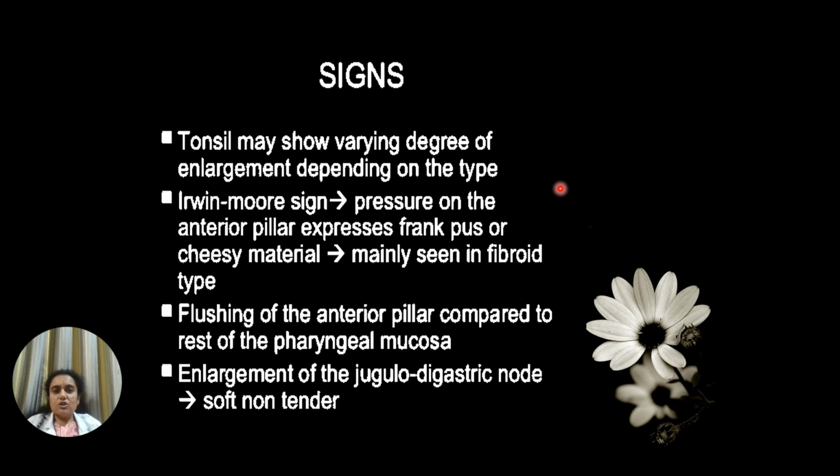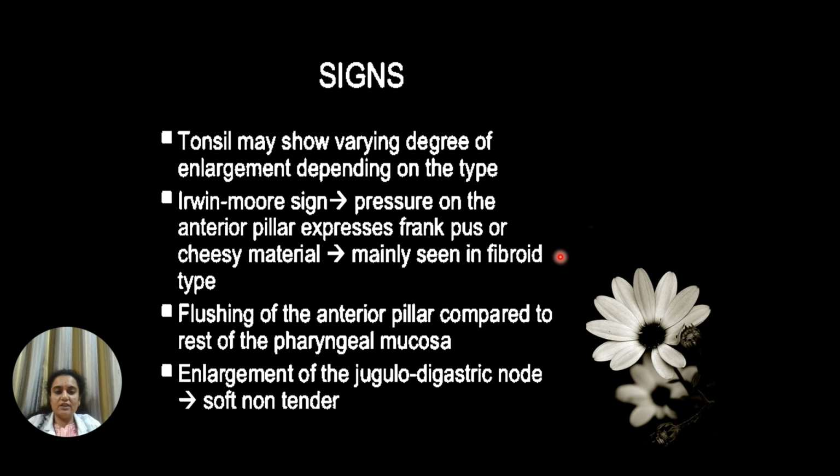The cardinal signs of chronic tonsillitis are mainly four. Number one, enlargement of the tonsils. We have a grading for it, which we'll see in the coming slide. Then we have Irwin Moore's sign, which is basically whenever we apply pressure over the anterior pillar, it expresses frank purulent material or a cheesy material from the crypts, which is seen in the fibroid type of chronic tonsillitis.